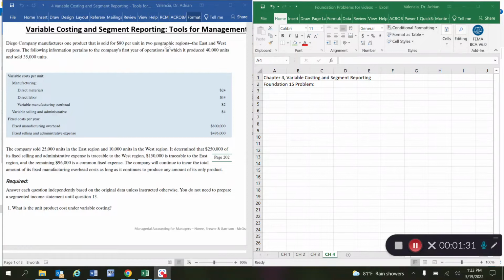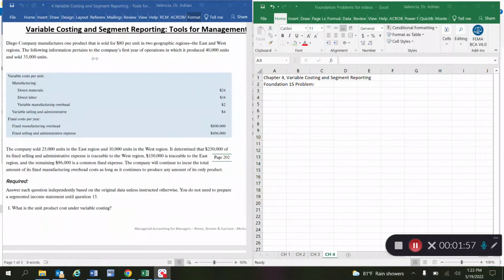The 5,000 units that remain in inventory, we'll see it firsthand as we do the problem, but I'm just going to give you the big picture here. Those 5,000 units that are not sold remain in inventory. And what they end up doing is keeping in inventory part of the manufacturing overhead related to fixed costs. And you'll see how that affects profitability.